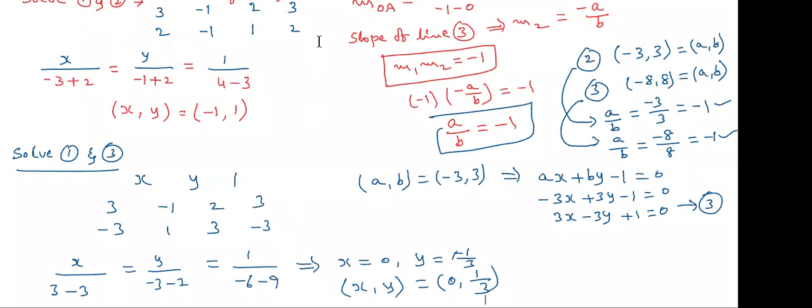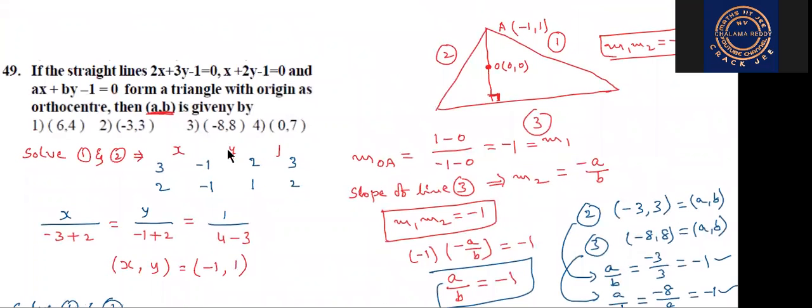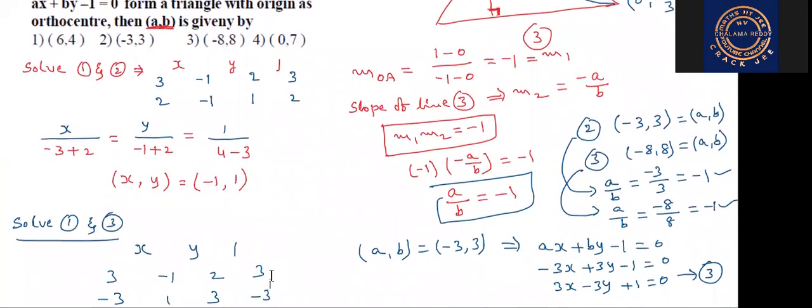Which point, students? See the diagram. This point is 0 comma 1 by 3. Find the slope of this. These two should be perpendicular now. By observing the slope, we will decide.